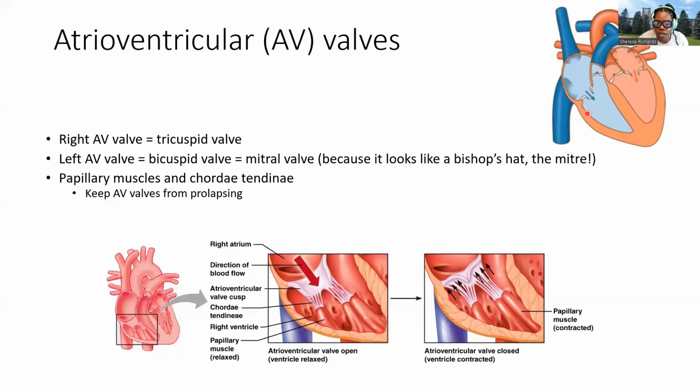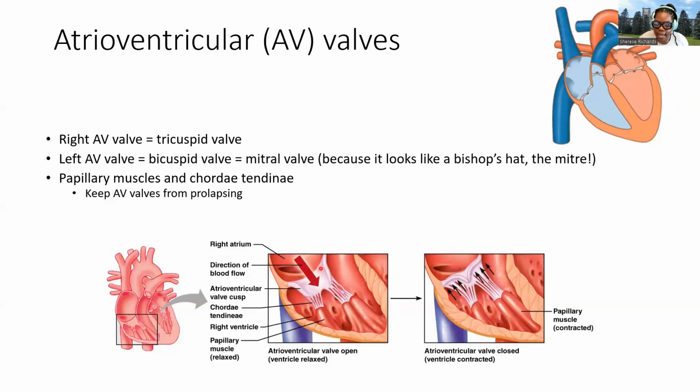The way that they are structured, they're actually anchored to the papillary muscles and the chorda tendineae. Here are the papillary muscles, which are these finger-like projections that stick up from the walls of the ventricle. And then the chorda tendineae are the fibrous cords that anchor the papillary muscles to the leaflets of the AV valve.